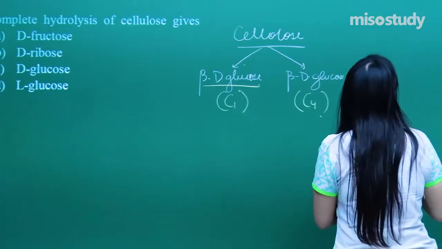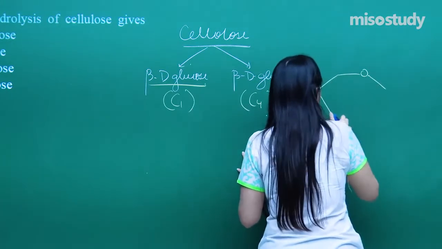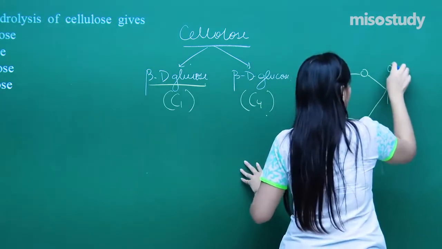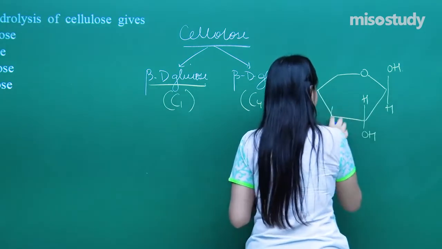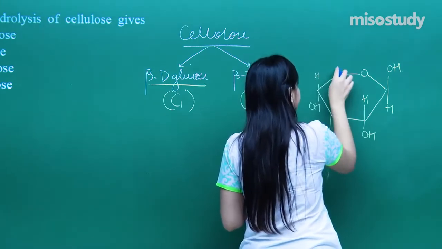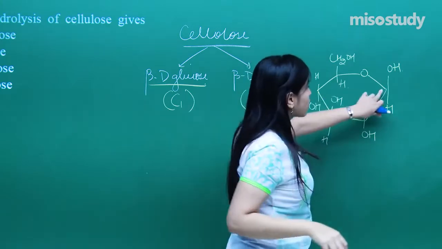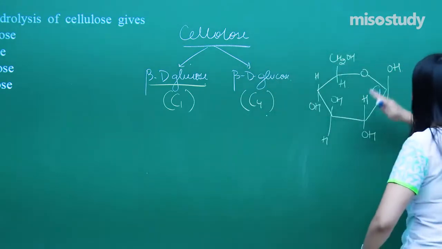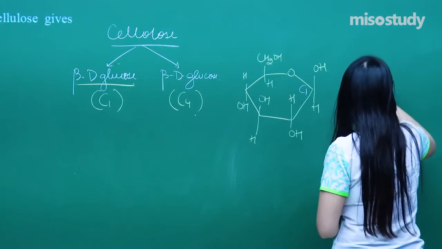So the structure is, I am making the two glucose molecules here and I need to make a beta, that means OH on the upper side. That is how I am going to make it. This is what? This is carbon number 1. So that is carbon number 1. I need to have a proper glycosidic linkage between the two.